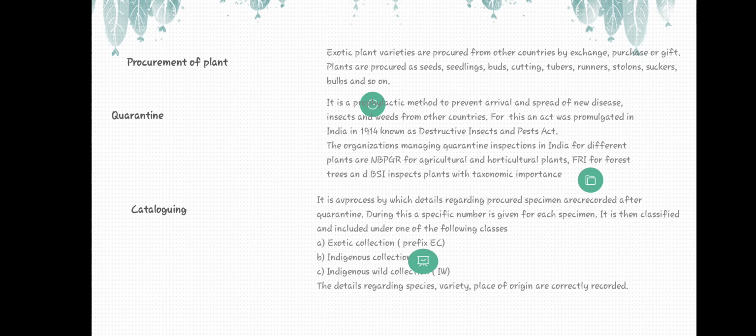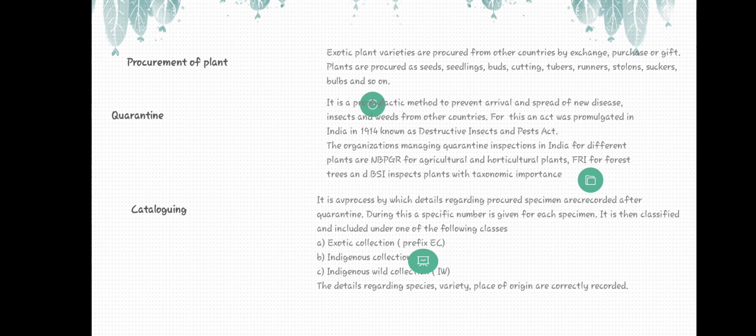Plant quarantine is managed by different agencies. For example, for plants of agricultural and horticultural importance, quarantine inspections are done by NBPGR, the National Bureau of Plant Genetic Resources.